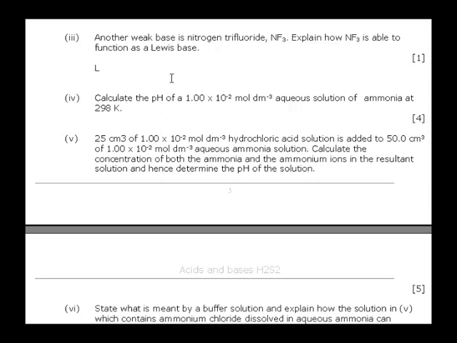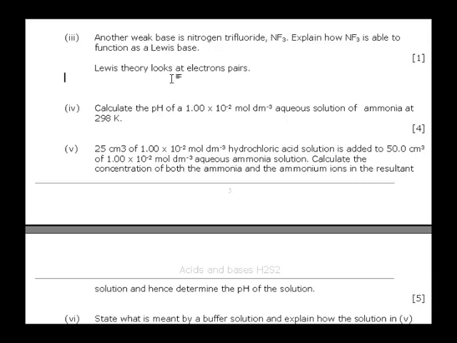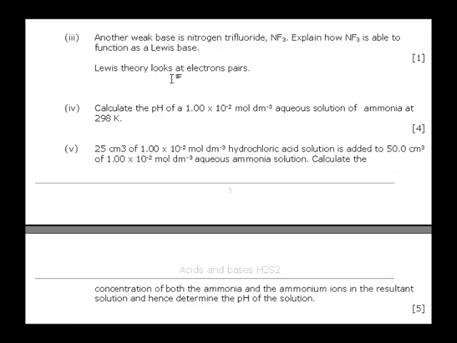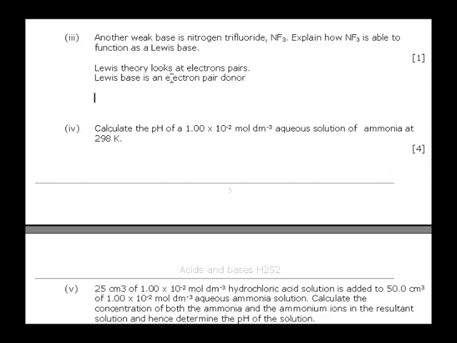Now, Lewis theory looks at the electron pairs, and a Lewis base is an electron pair donor. Well, if we have a look at the shape of nitrogen trifluoride, you'll see it's got an electron pair which it can donate and capture hydrogen ions.